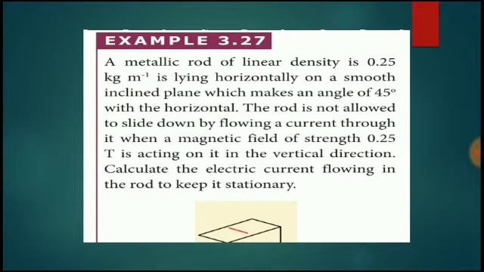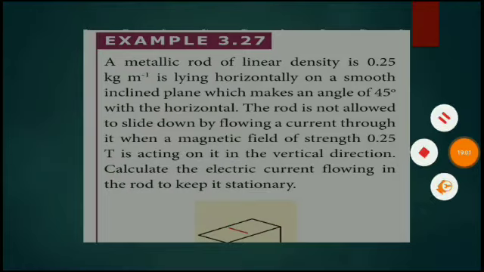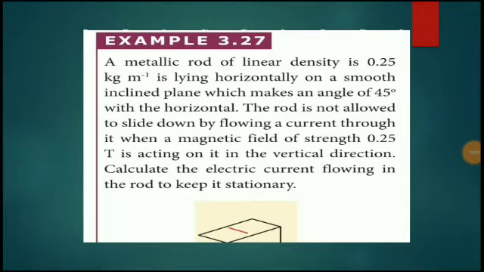This is the example problem. A metallic rod of linear density 0.25 kg per meter is lying horizontally on a smooth inclined plane which makes an angle of 45 degrees with the horizontal.